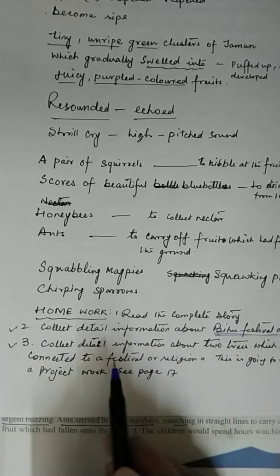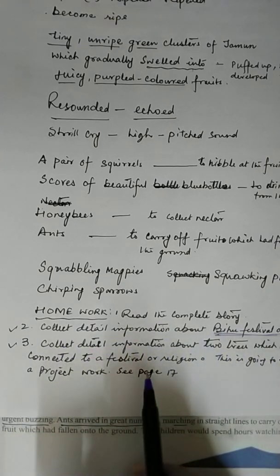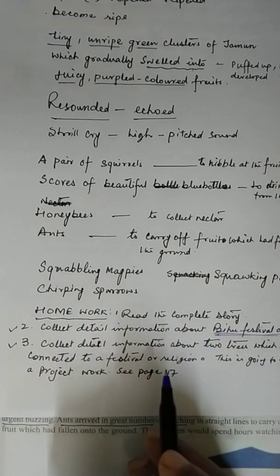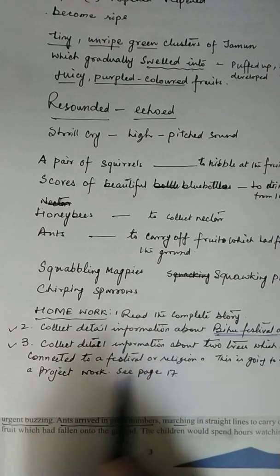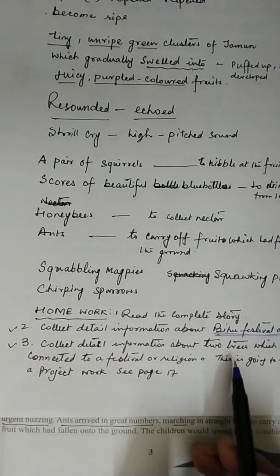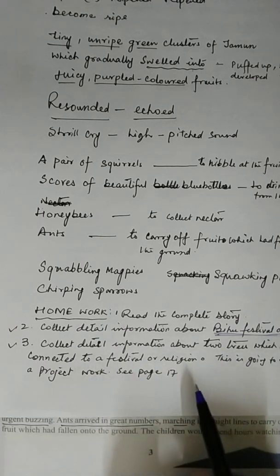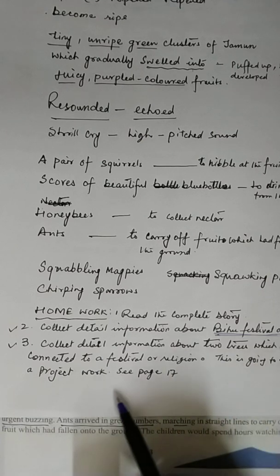I would like you to collect the information about the Bihu festival, because Bihu festival is celebrated in Assam thrice in a year. So this is a very interesting festival, and you must know about this festival. So please collect information, and then collect information about two trees which are connected to a festival or religion. This is going to be your project work.